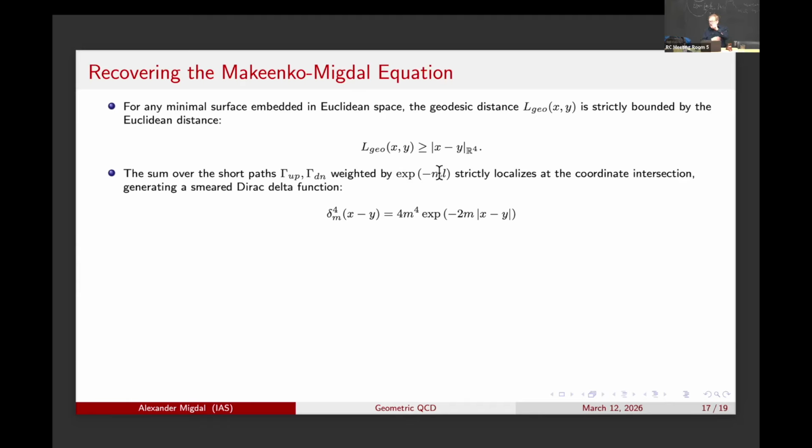Because here we didn't have this delta function in physical space. We only have sums over paths with exponential of minus mass times distance measured along the surface. So if we take a large mass, that distance measured along the surface becomes small, and that forces us to make something equivalent to a 4-dimensional delta function.